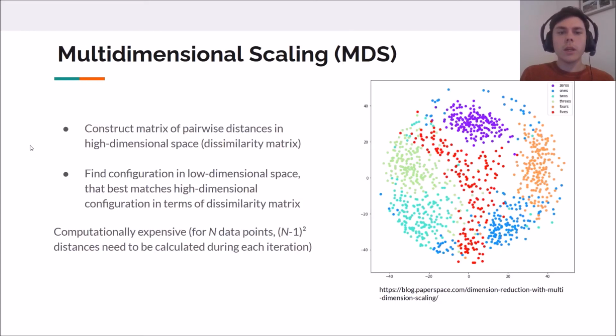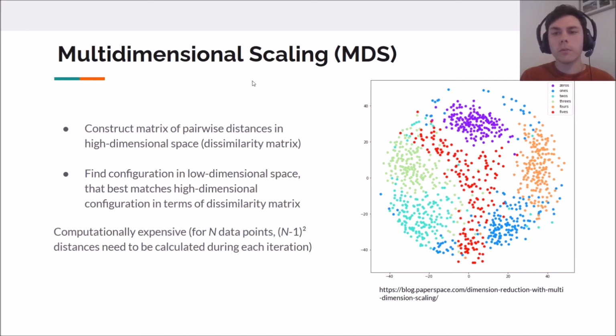So one other way is to look at pairwise distances, and this is done, for example, in multidimensional scaling, or MDS. The way this works is that you construct a dissimilarity matrix, so simply the matrix of pairwise distances of your data points, and then you try to find the configuration of low-dimensional points that best matches this dissimilarity matrix.